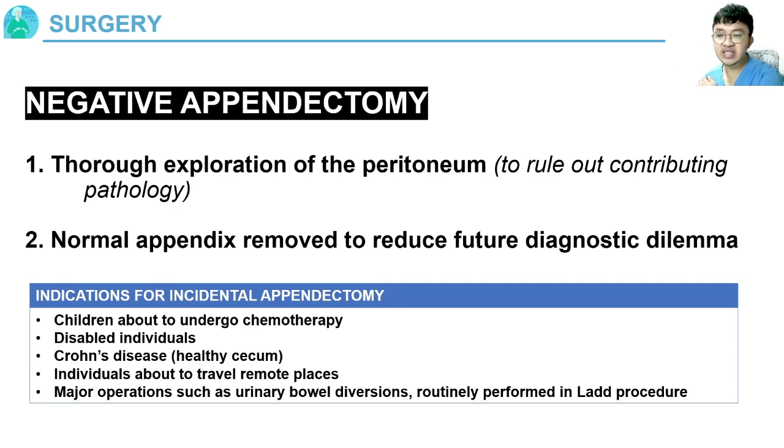Just want to emphasize here, Crohn's disease: you remove the appendix in a patient with Crohn's disease if the cecum is healthy. Why? It sounds counterintuitive, because you might think you should remove the appendix if the ileocecal region and the cecum is bad looking in the person with Crohn's.